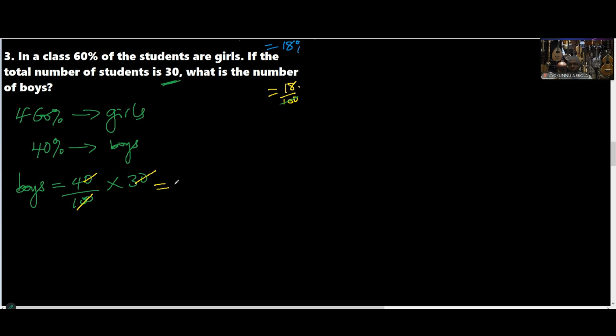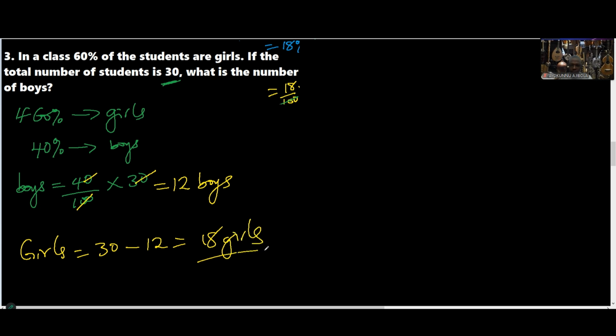So we have 4 times 3. That's 12 boys. They didn't ask us for the number of girls, but we can find it. Girls will be total minus boys, and that'll be 18 girls.